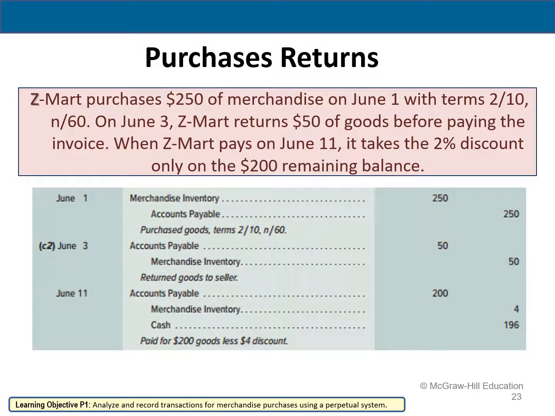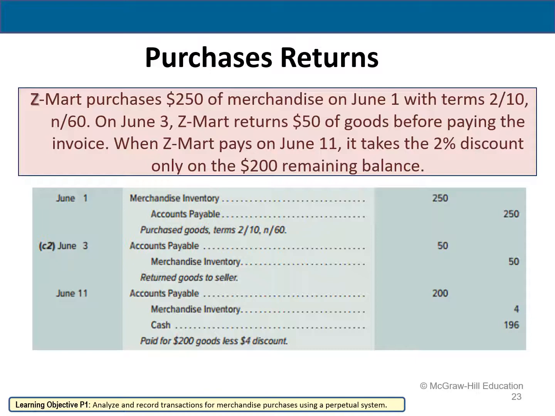All right, so now if we look at returns, returns are recorded at the net cost that was charged to the buyer. So if Zmart purchases $250 of merchandise on June 1st with terms 2/10, net 30, on June 3rd, Zmart returns $50 of goods before paying the invoice.